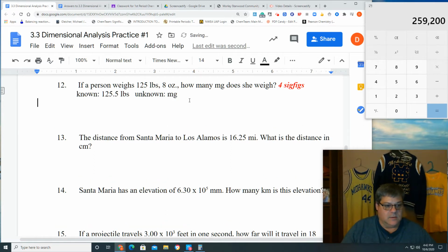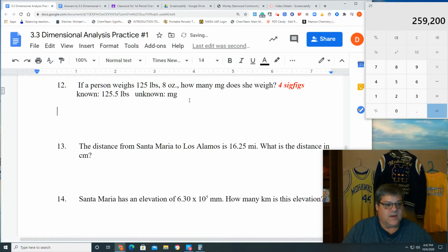So we're going to try this one out right here. We're always going to start out with 125.5 pounds. That was what was in the original problem. Put our times in a line, and we're going to put pounds on bottom. So I'll tab that over.